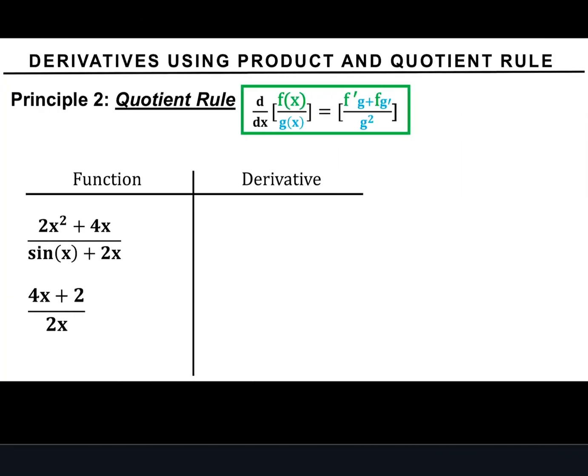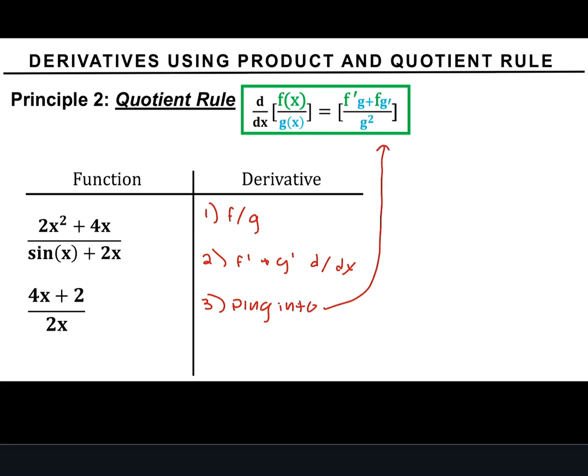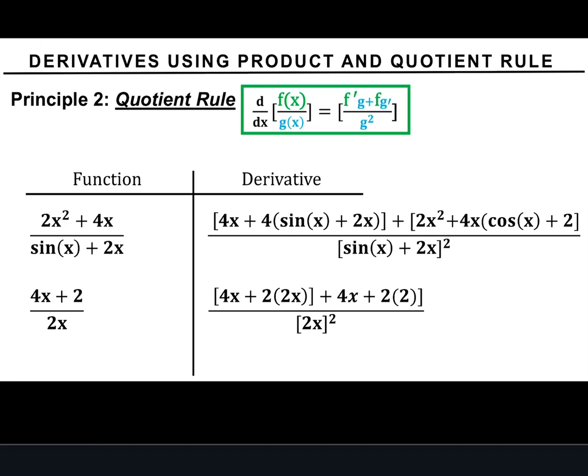Okay, so let's look at some more examples. Before you guys start this one, the first technique that we're always going to have to be using is always first defining our f and g, taking our f and g derivatives, and going to plug into our equation. Then we'll simplify. So after solving, this will be our equation.